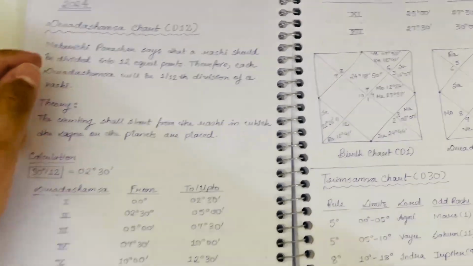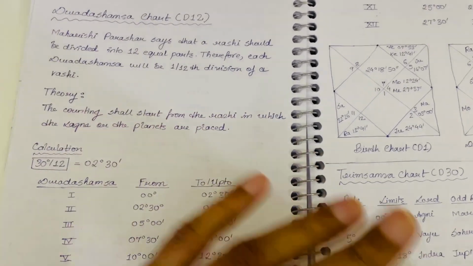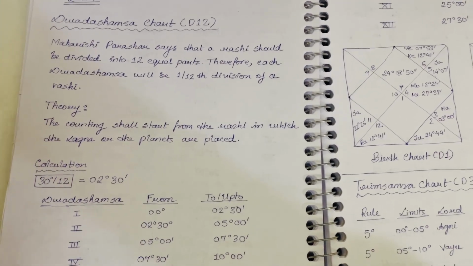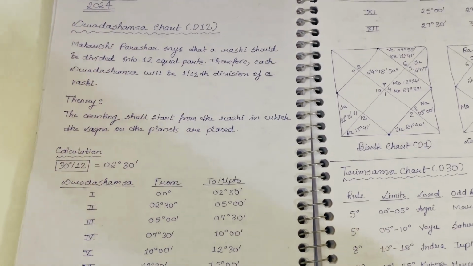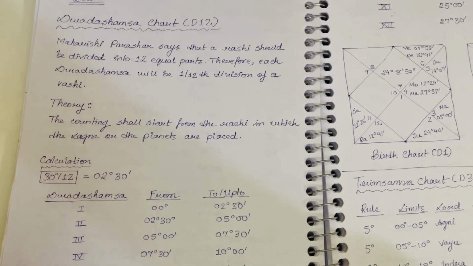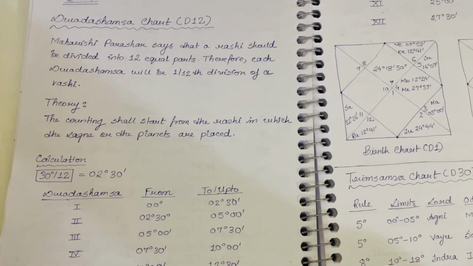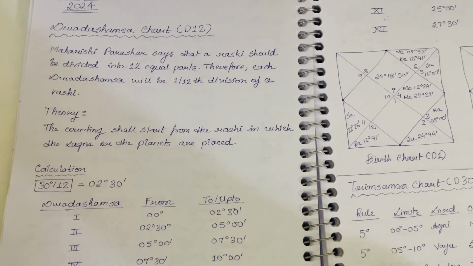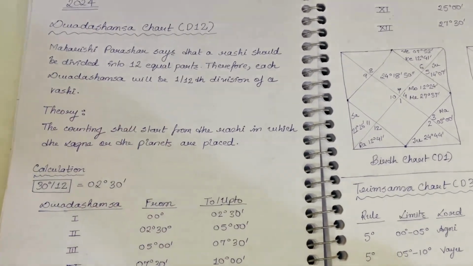And let me tell you one thing, out of all the charts, creating the D12 Dwadashamsha chart is the simplest calculation out of all the Varga charts.